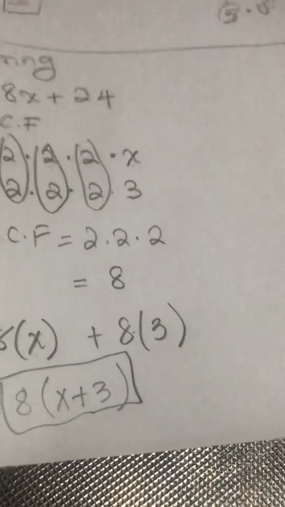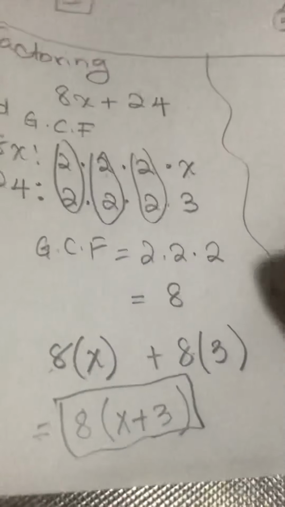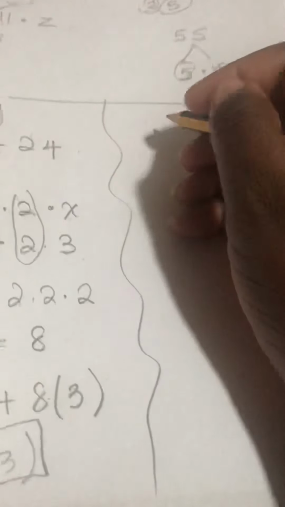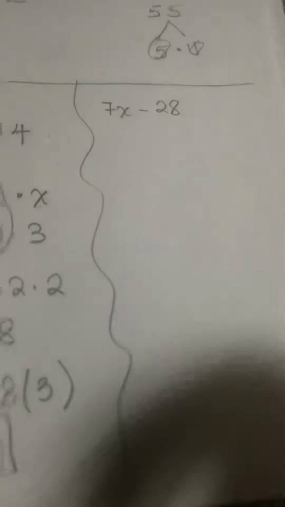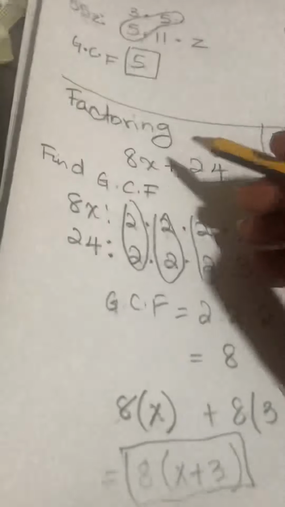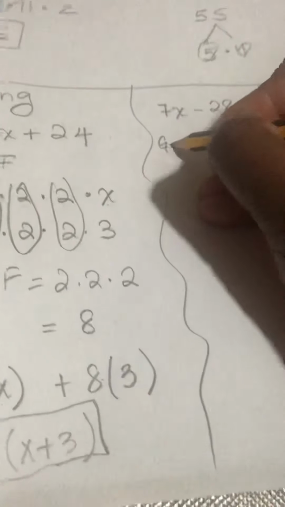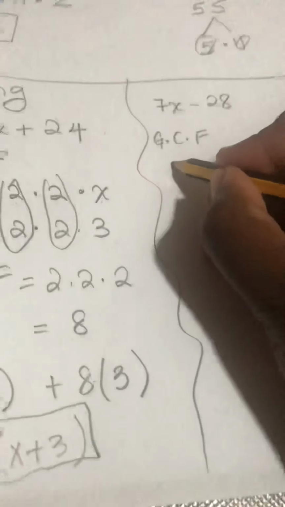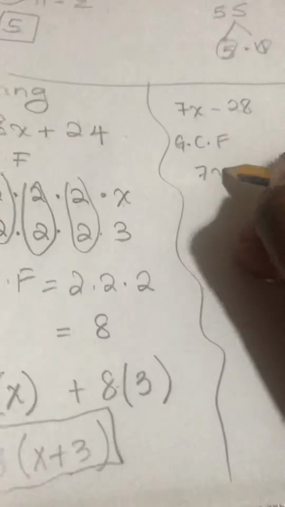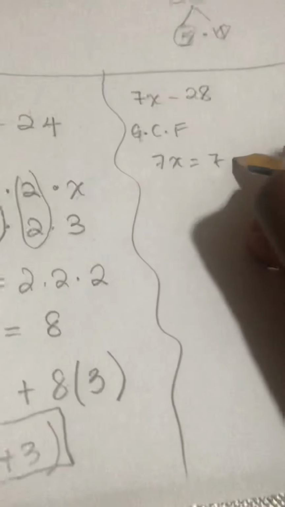Okay? And let's try another one. One more example. I'll do it over here. We do 7x minus 28. All right. So step 1, find greatest common factor. Here, 7x will be 7 times x.